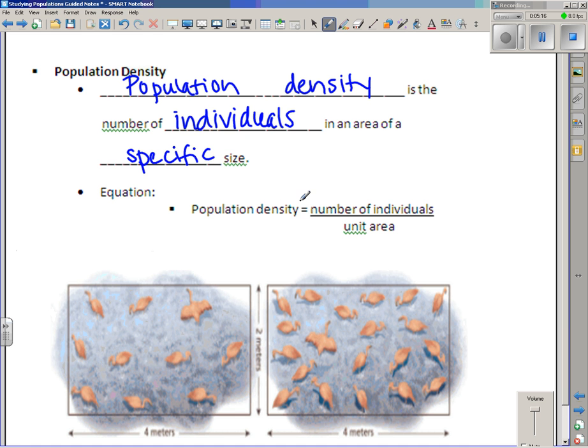So you have an equation that you need to follow. It's population density equals the number of individuals divided by the unit area. So how do you figure that out? You might have a diagram like this one, which was in your book, and you would need to count the number of individuals. 1, 2, 3, 4, 5, 6, 7, 8, 9, 10. So you have 10 flamingos.